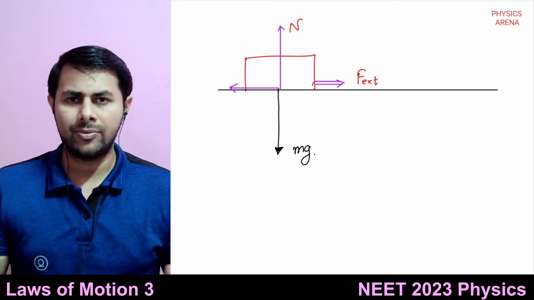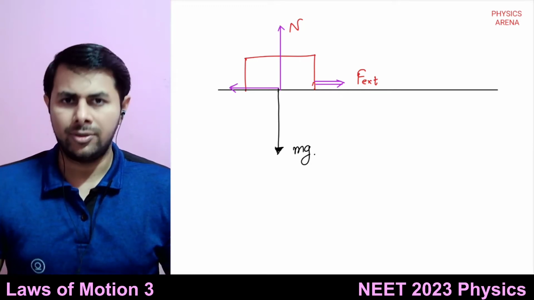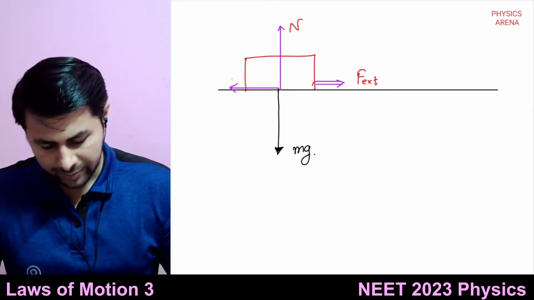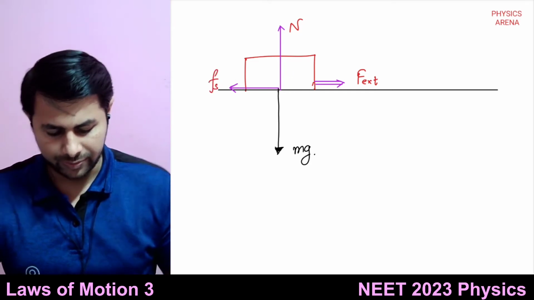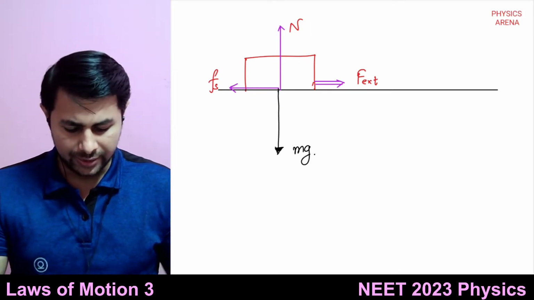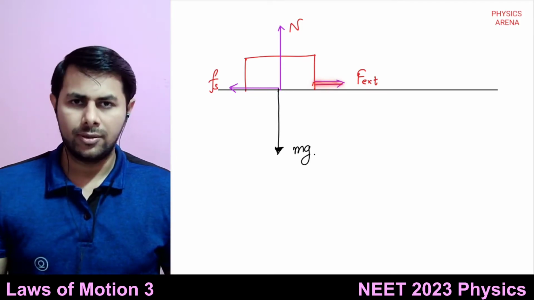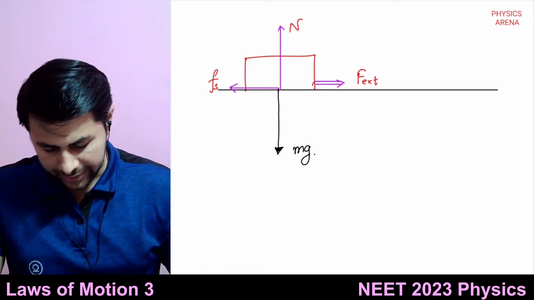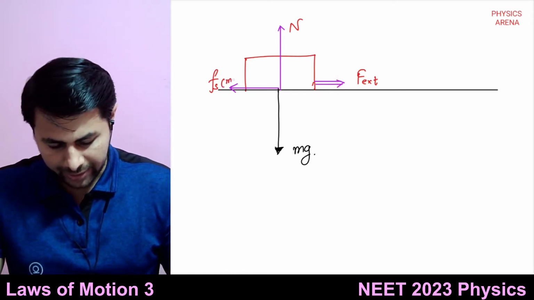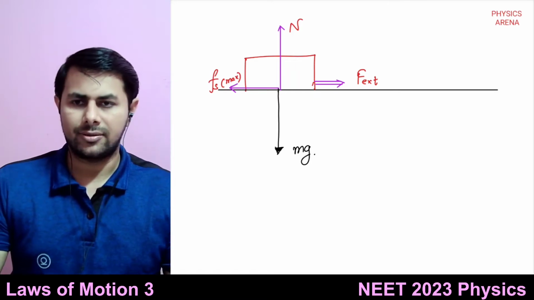The component of the reaction force, or contact force you can say, parallel to the surface is known as static frictional force. And when the external force is equal to the limiting value, in that case this will be equal to what? Fs max.